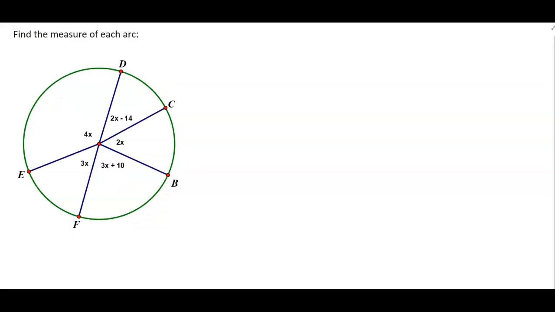Now let's find the measure of each arc. I've got all these central angles, and they have to add up to 360. So 4x plus 2x minus 14 plus 2x plus 3x plus 10 plus 3x has to equal 360 degrees. How many x's do we have? 4x plus 2x is 6x, plus another 2x is 8x, plus 3x is 11x, plus another 3x is 14x.